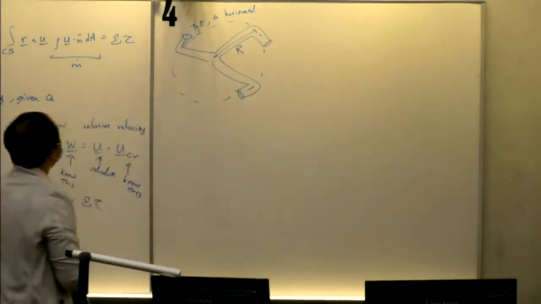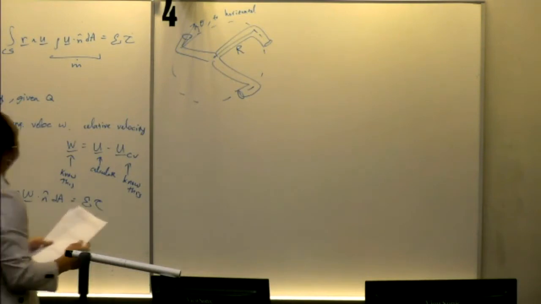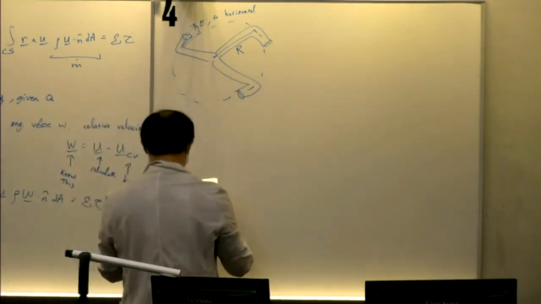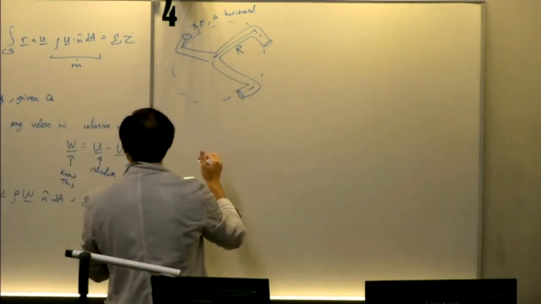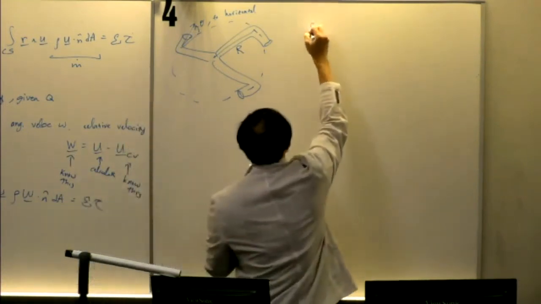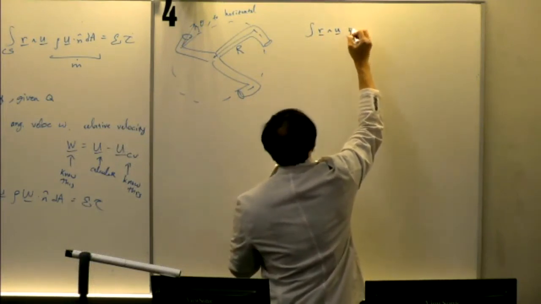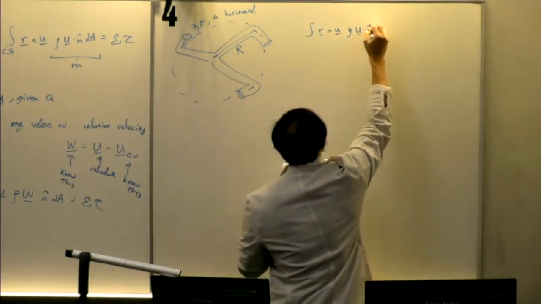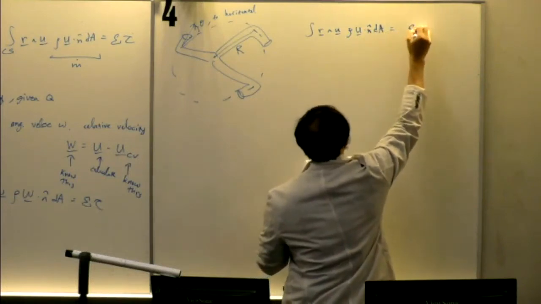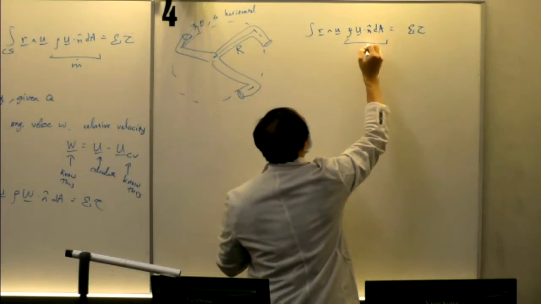Okay. So that's going to change not your m dot, but the amount of momentum that each stream has. So we got r cross u rho u dot n hat dA is equal to the sum of the torques. Now this part is still m dot.